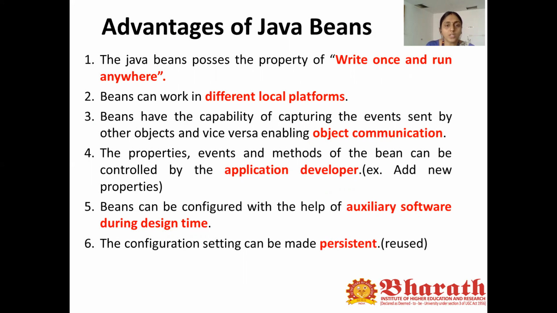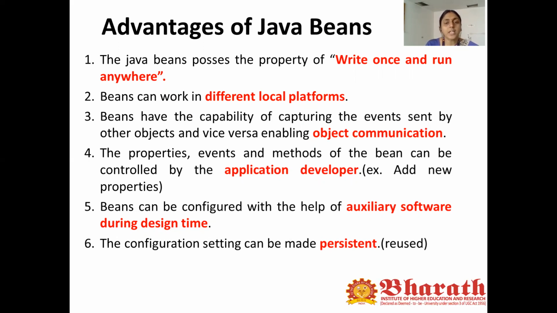Beans can work on different platforms, and beans have the capability of capturing the events sent by other objects and even communicating between objects. So message passing or object communication is the main feature in Java Beans.